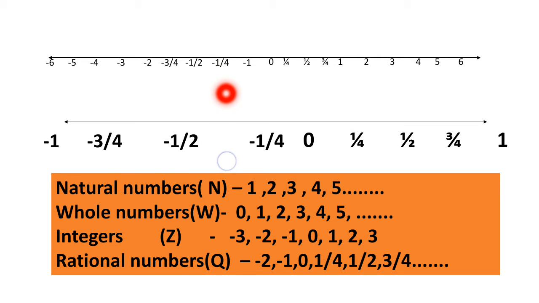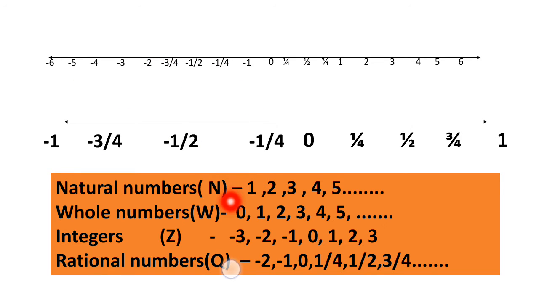If I am including these negative numbers along with the 0 and 1, 2, 3, like -3, -2, -1, 0, 1, 2, 3, these all numbers together we can call as integers, and it is denoted by capital Z. So integers include natural numbers, whole numbers and also the negative numbers, friends.